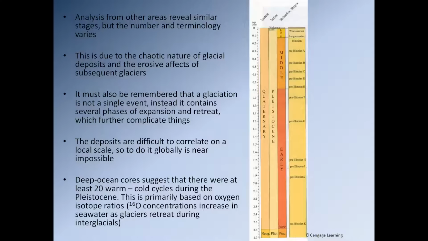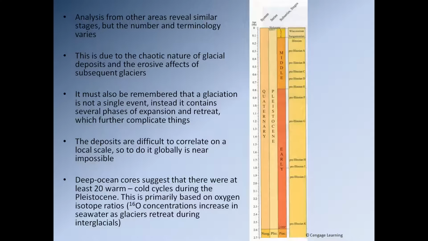So the problem is, if I look at the sequence of glacial sediments, let's say in Michigan, and I compare that to the glacial sediments that I see in, let's say, North Dakota, I'm going to get a very significant difference in what I see. I'm not going to be able to see the same stages in Michigan that I would see in North Dakota and vice versa. And that's because glaciers are naturally very, very chaotic things.